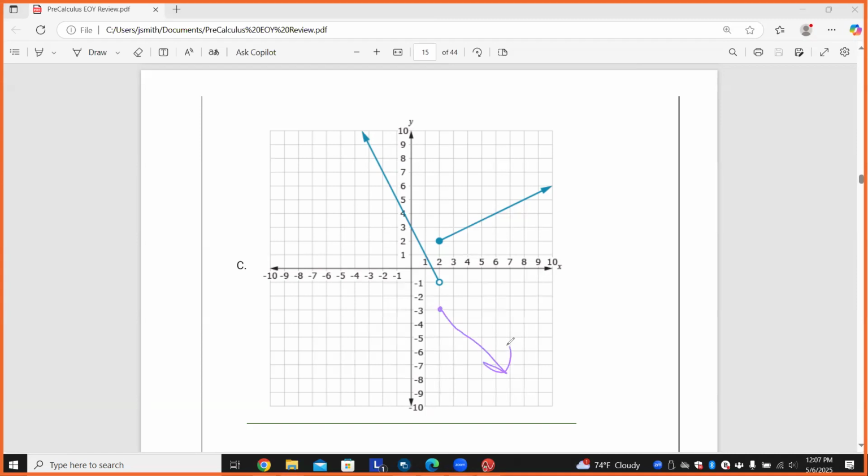Just graph to the right. I can't go backwards. We always graph from left to right.